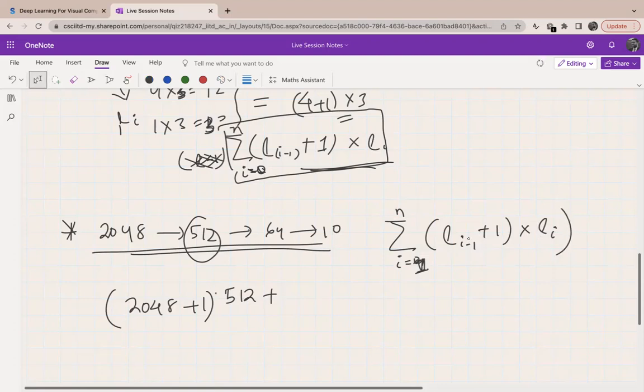This will give us... so I'll add it now with 64 plus 1 into 10. Sorry, it should be 512 plus 1 into 64, plus 64 plus 1 into 10.